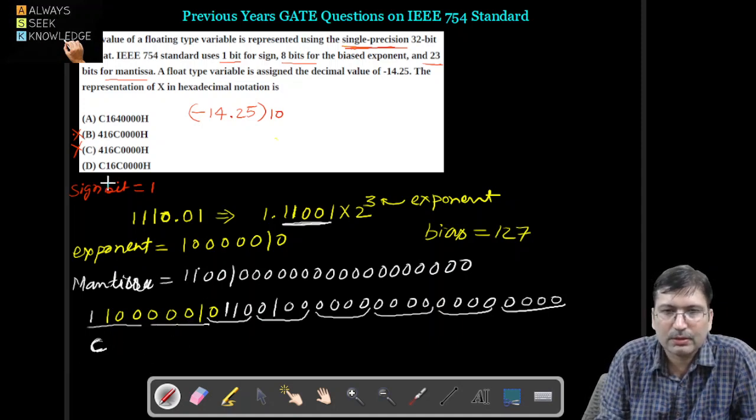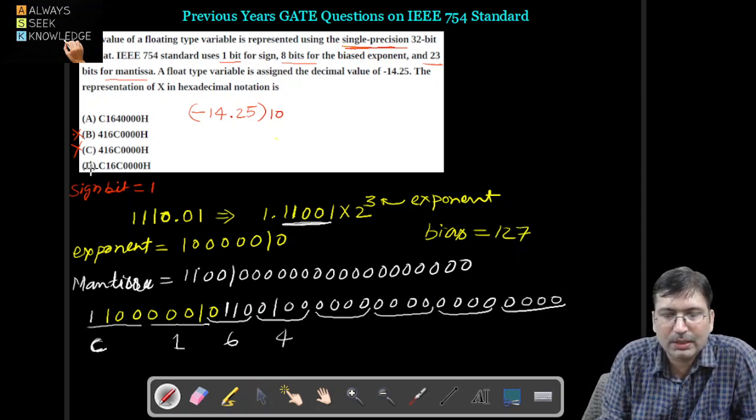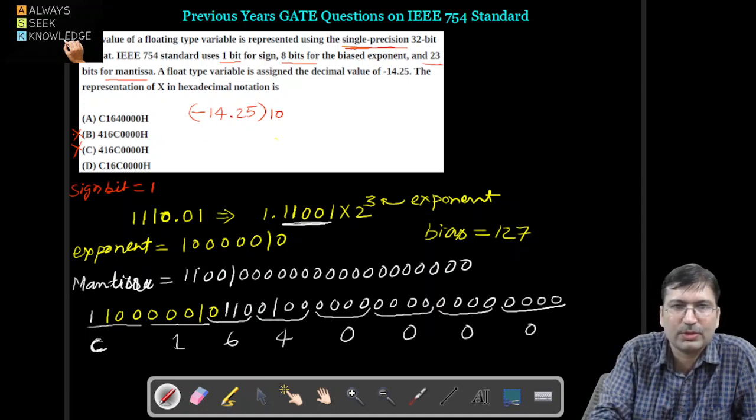The next is 0 1 1 0, that is 2 plus 4, 6, so it is 6. And the next gives you 4. So we get C164 and then the remaining zeros, as hexadecimal, so the answer A is correct.